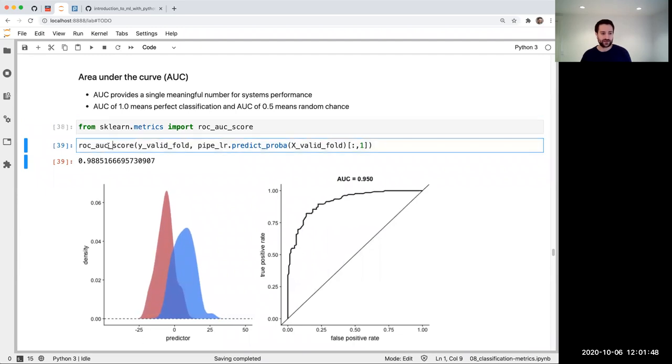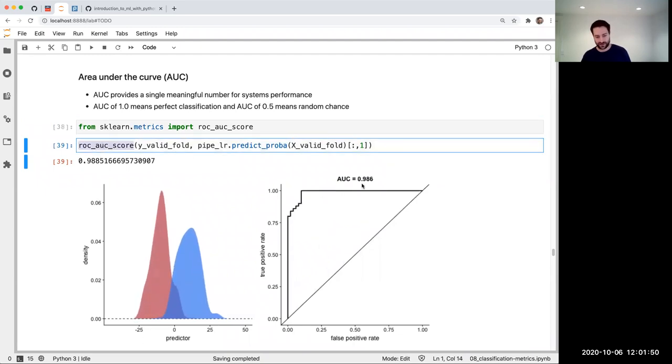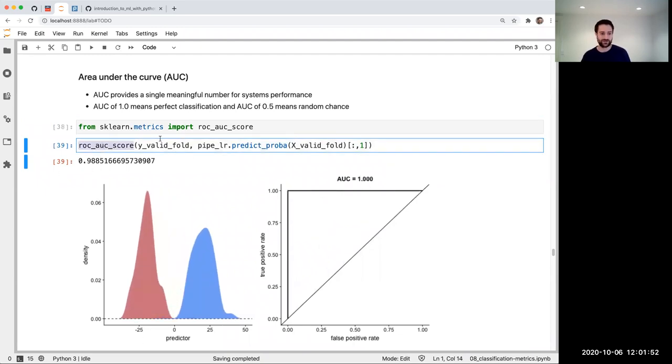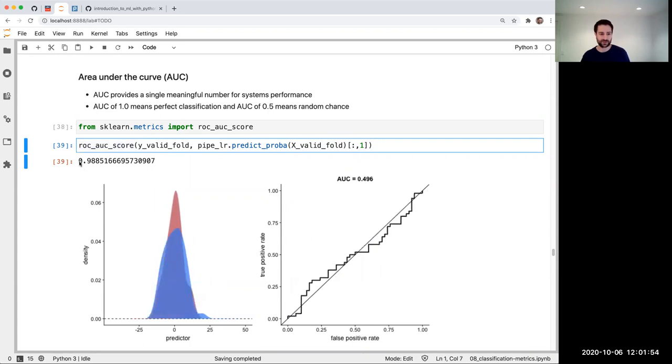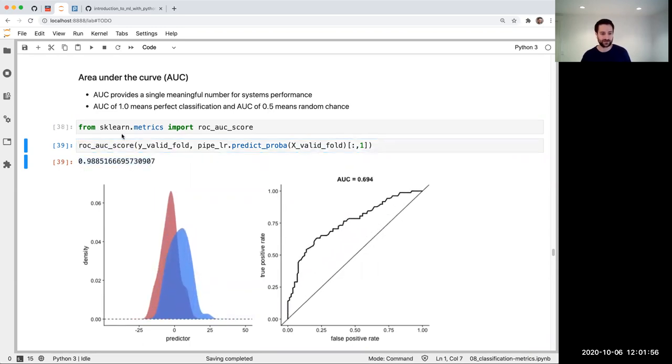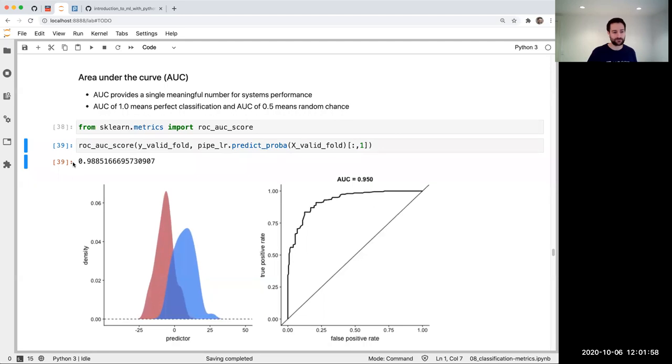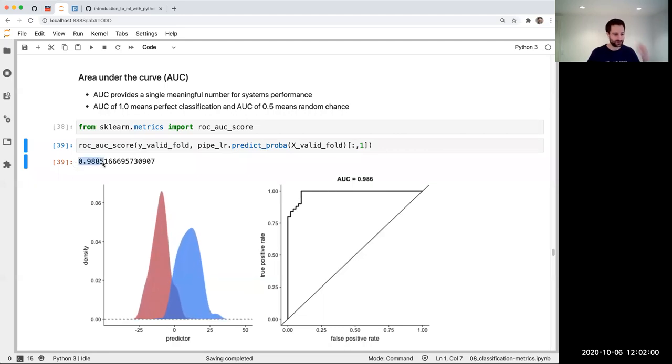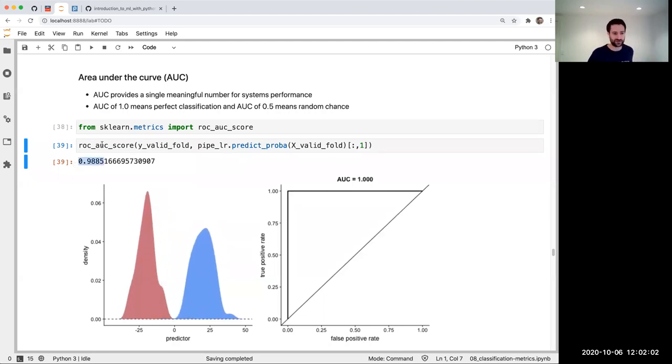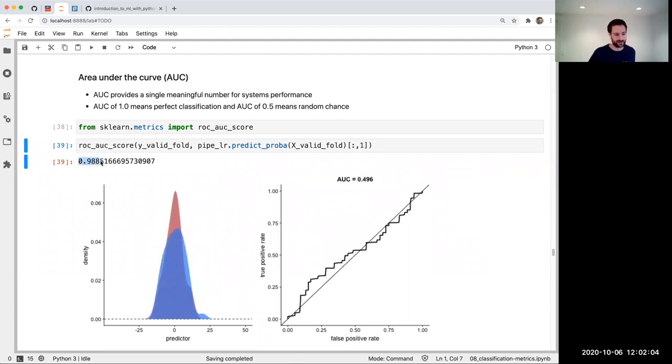So this ROC AUC, again, AUC is area under the curve. You can also compute this with scikit-learn and it'll tell you how well you're doing. And in this case, it tells us we're doing pretty well. It tells us we have a good area under the curve.